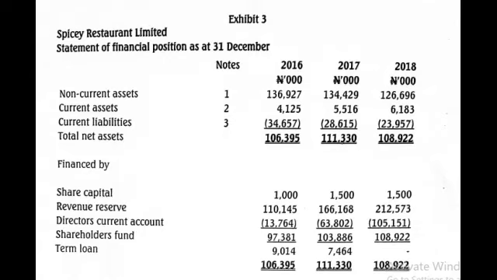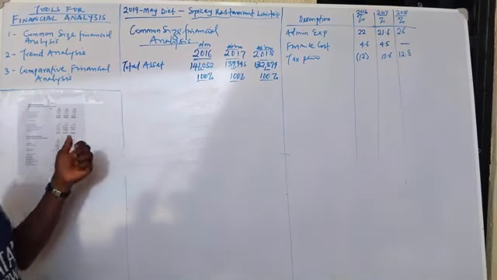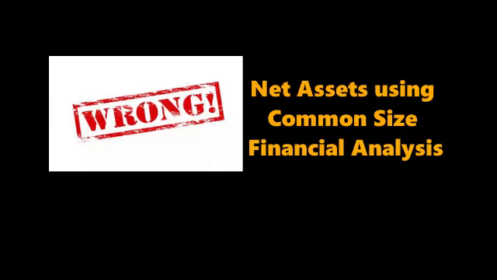So for this case material, they gave us the non-current asset and they gave us the current asset. Now, like I said earlier, you must use the total asset. So students must not make the mistake of using the net asset in common size financial analysis. That would be wrong.